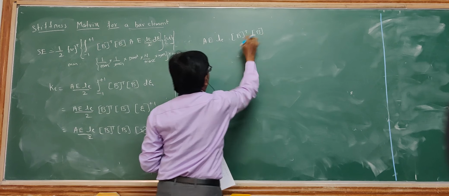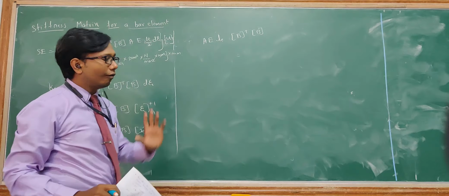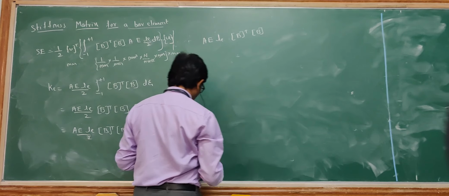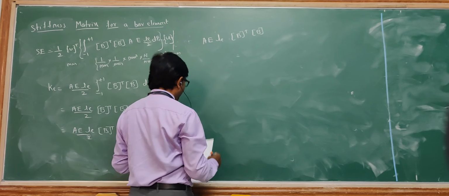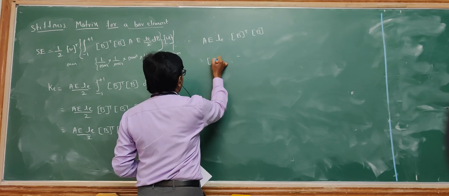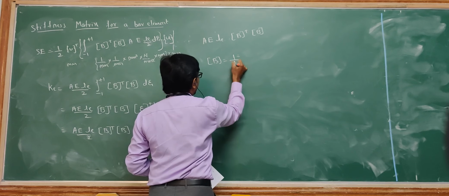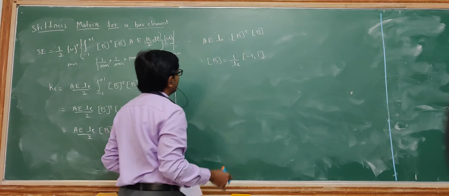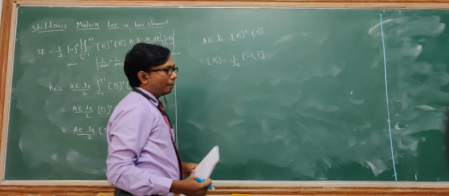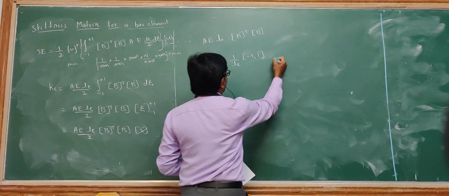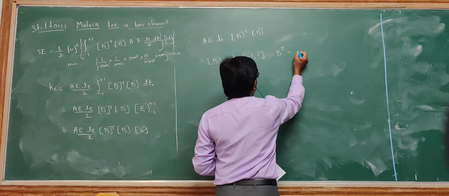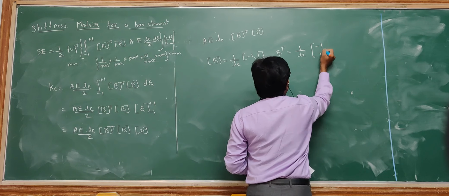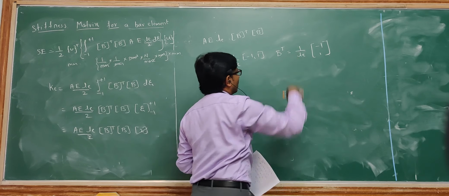Now you have to do the matrix multiplication of B transpose and B. First, what is B? B is nothing but 1 by LE times [-1 1], which is the strain displacement matrix. When you go for B transpose, you write 1 by LE, and the row matrix becomes a column matrix.